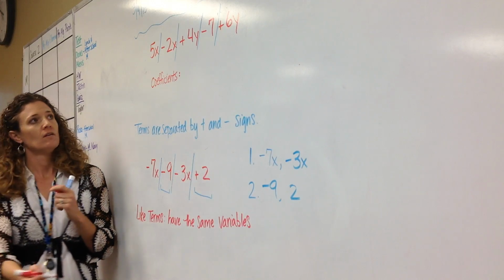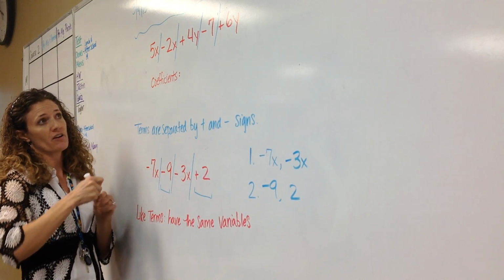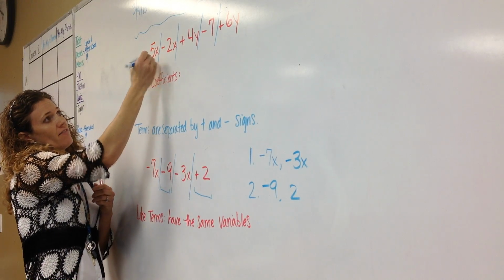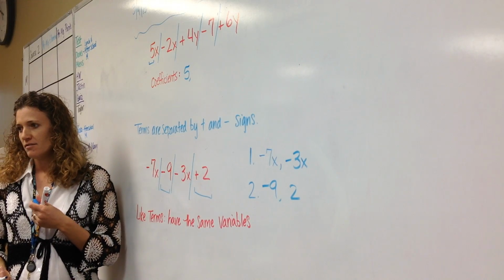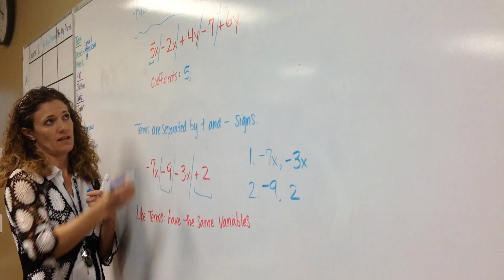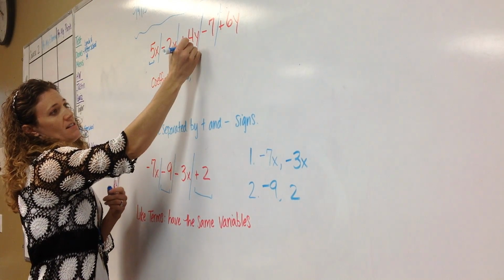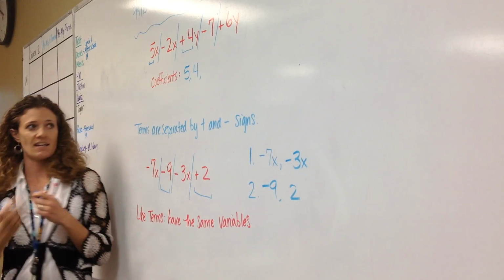Is it 2x? Okay, so it's just the numbers that come before a variable. So we've got 5. Give me another one. 4. Okay, so we've got positive 4.